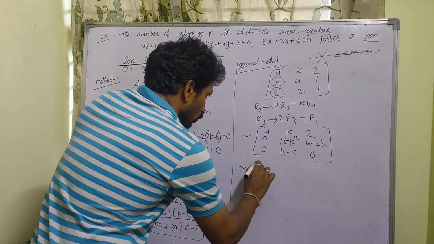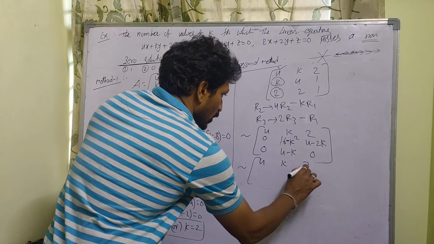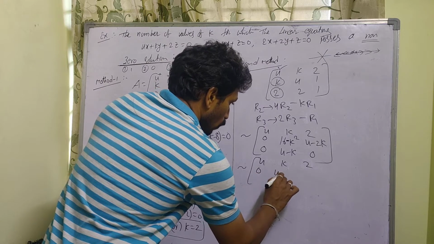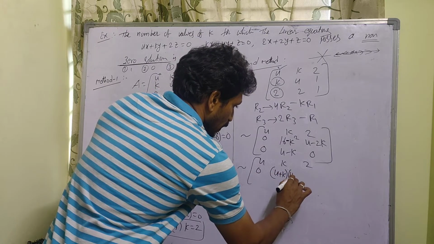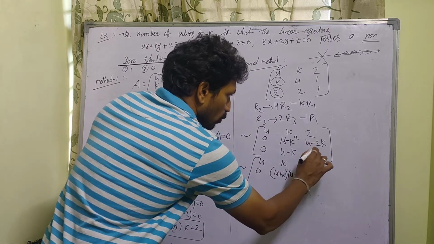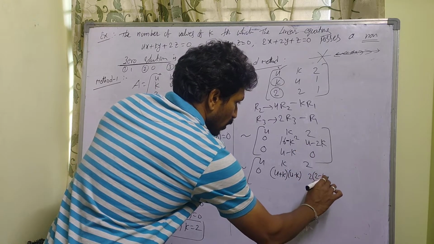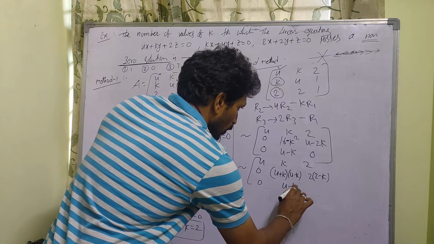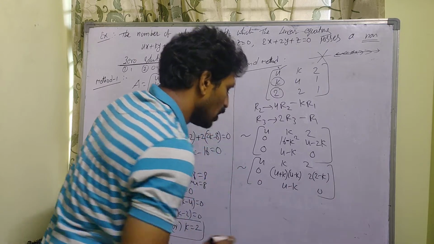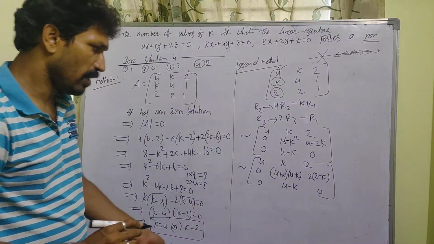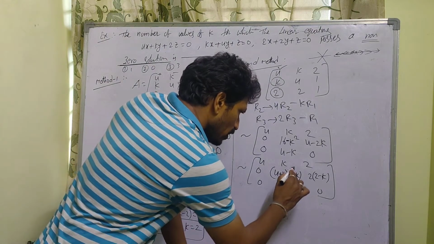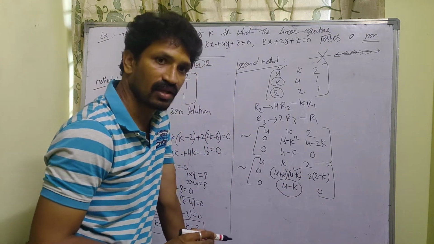So this is similar to what you can write: 4k2, 0, 4 plus k into 4 minus k, and it becomes 2 if you take 2 common, 2 minus k, and so on. This is 0, 4 minus k, 0. So we should make this entry 0 by this one.